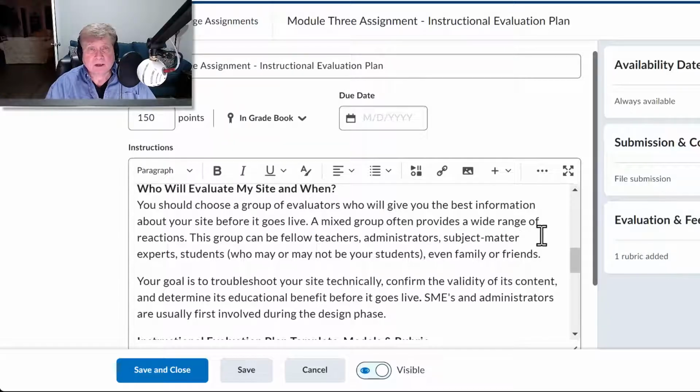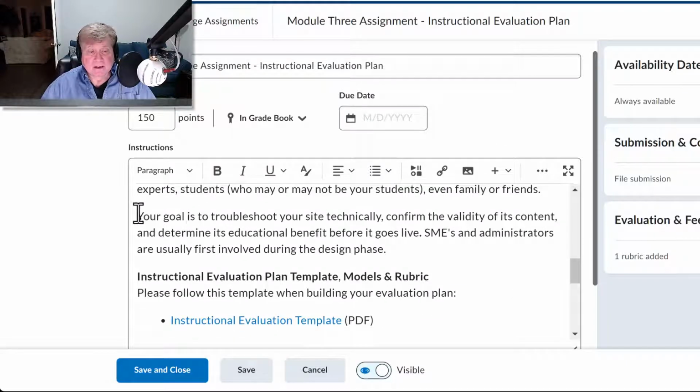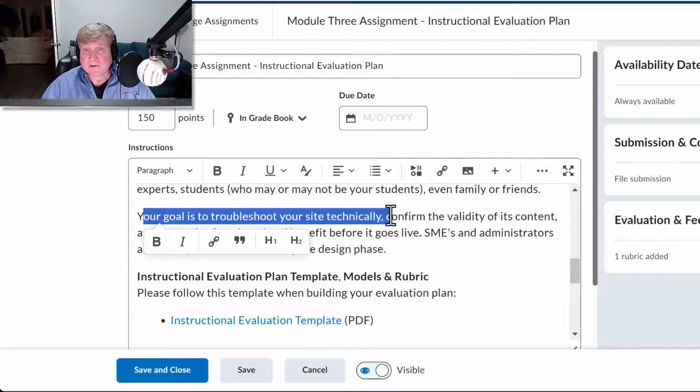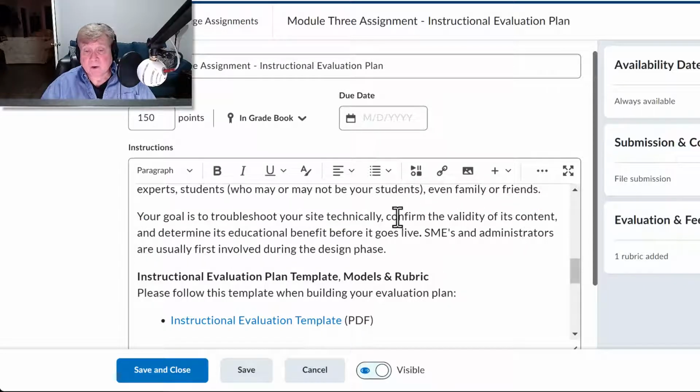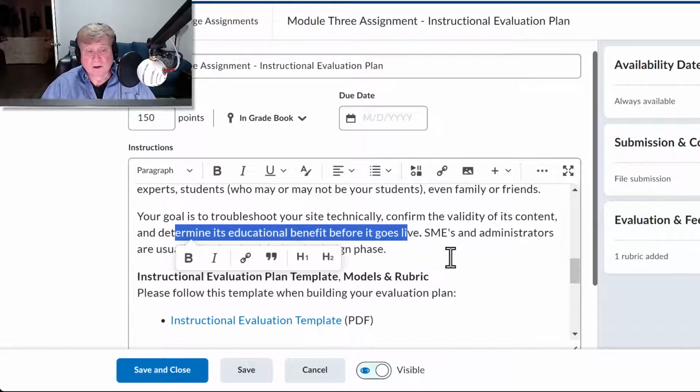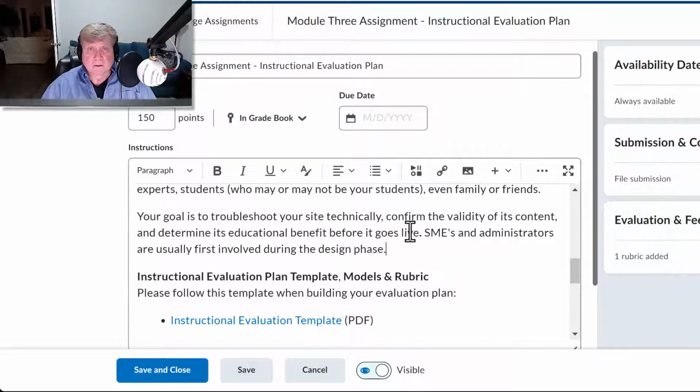Because you want to get the widest possible look at how your instructional evaluations affect real people. After you get that feedback, then your goal is to troubleshoot your site technically by confirming the validity of its content and determine its educational benefit before it goes live. So all of this is input to help you further develop your project, your web-based course.